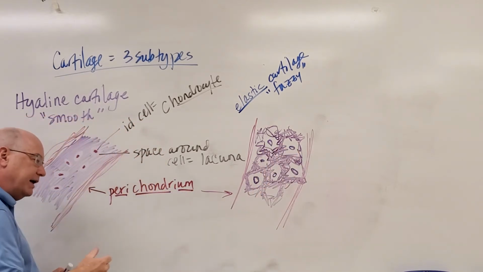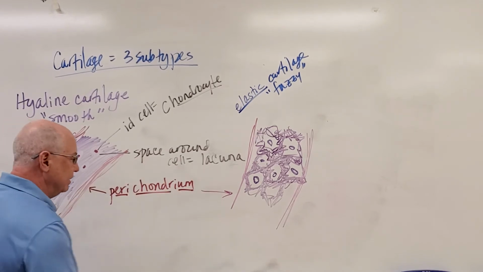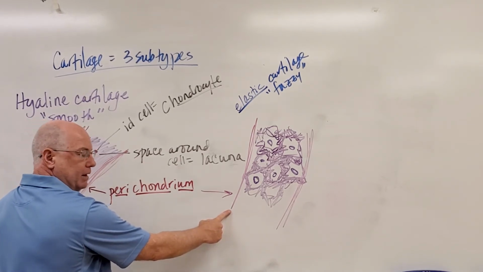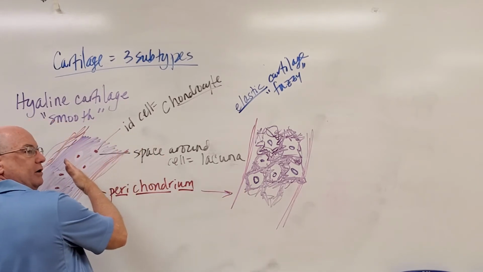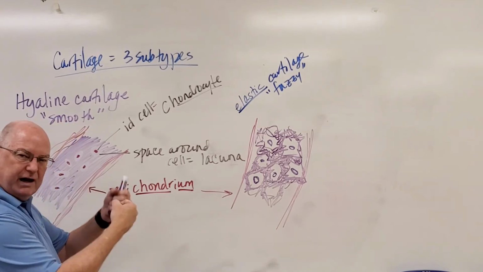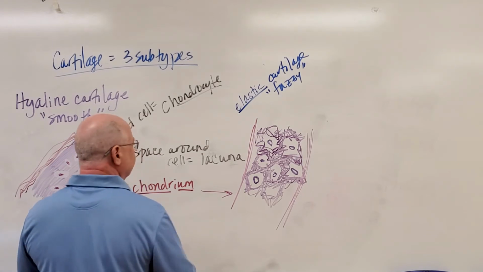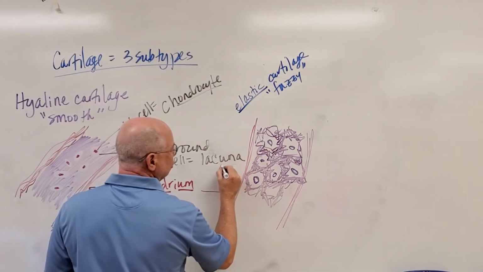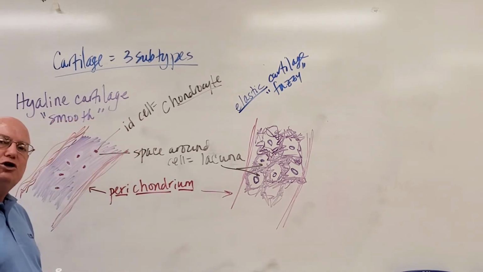Essentially, I could ask you the exact same 4 questions on both of these slides. Identify the membrane, perichondrium. Identify the tissue, hyaline cartilage, elastic cartilage. That's a lot of elastic fibers crisscrossing, so it's flexible. If I ask you to ID the space surrounding the cells, it's still called a lacuna.